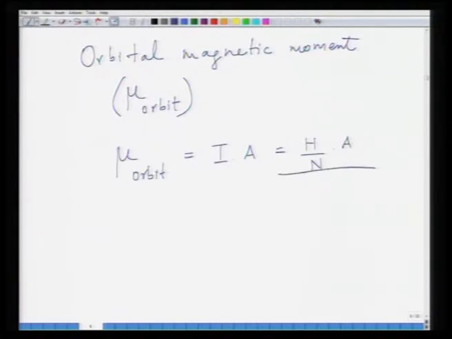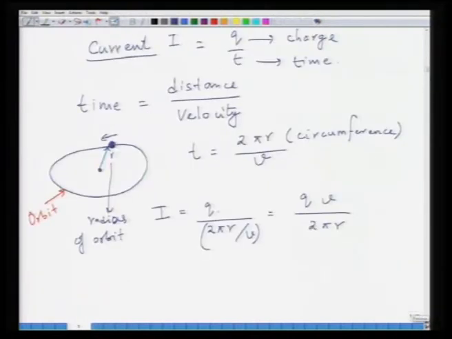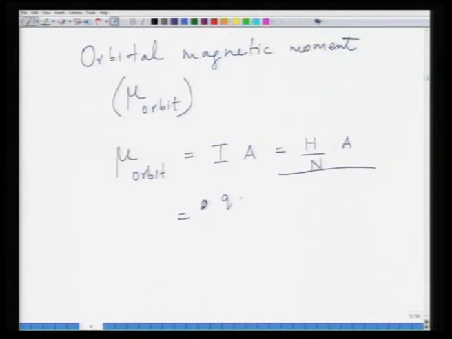So, let us forget about this at the moment. Let us just focus on I multiplied by A. So, basically the orbital magnetic moment is current multiplied by the area of the loop. This I is nothing but, from the previous slide, I is q v divided by 2 pi r, and A is pi r square, which is the area of the loop.